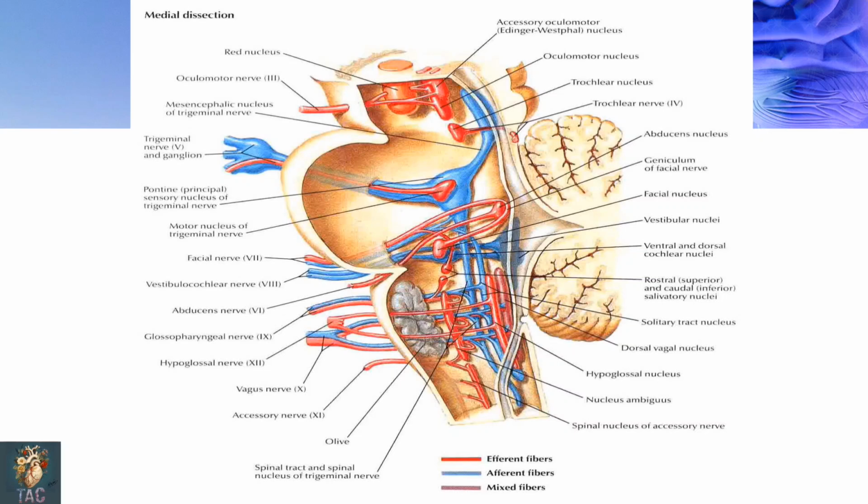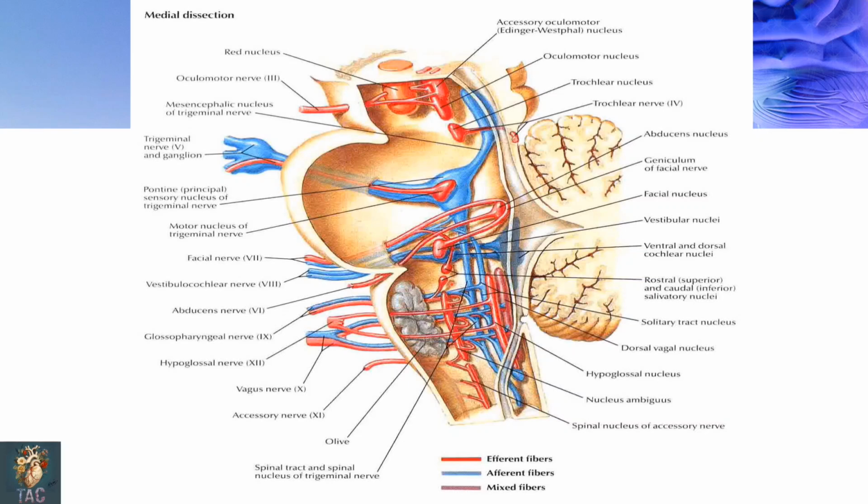Then you can see the nucleus ambiguus present over here, and this is the spinal nucleus of the accessory nerve, and here you can see the inferior olivary nuclear complex, and these two small nuclei, the superior and inferior salivatory nuclei. So these are the different cranial nerve nuclei which are present over here.